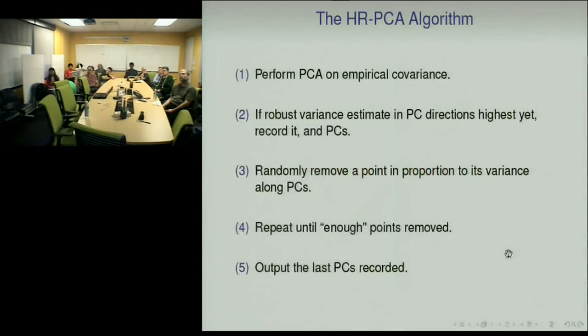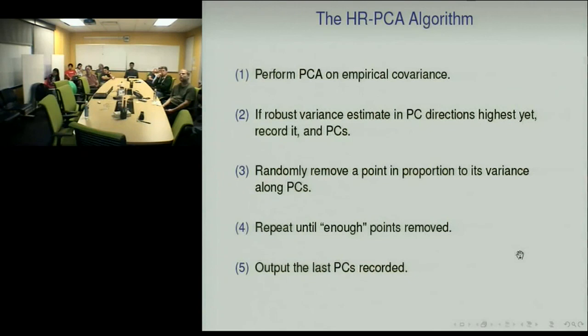So the algorithm is therefore as follows. You perform PCA on the empirical covariance in high dimension. This is easy because you have n points in n dimensions, but you find the d-dimensional space that best explains the variance. If the robust variance estimate on the PC direction is the highest, then you record the PCs, and you're happy.